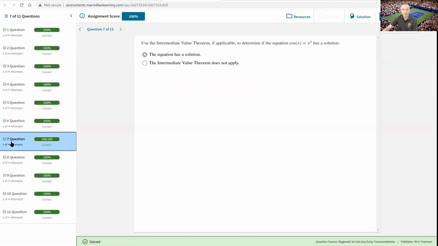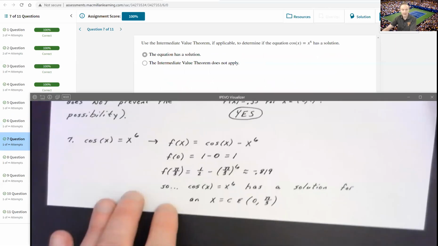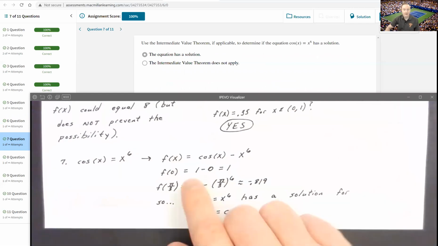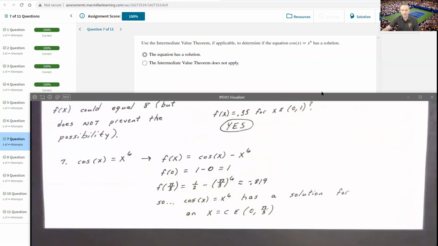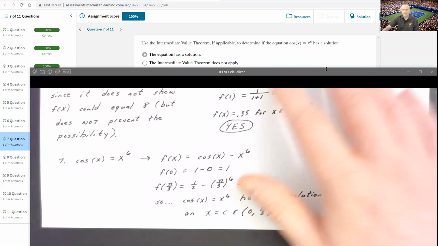For our next question here, number 7, we go back to one where I can show a little bit of logic. Sadly, you don't have to show the logic to get the question correct on Achieve, but let's talk about this one.